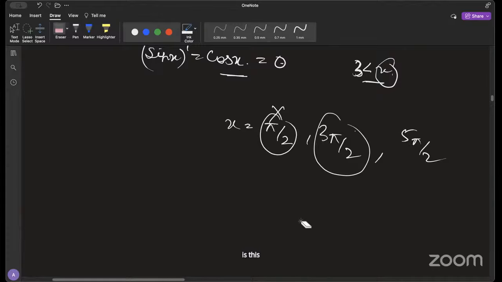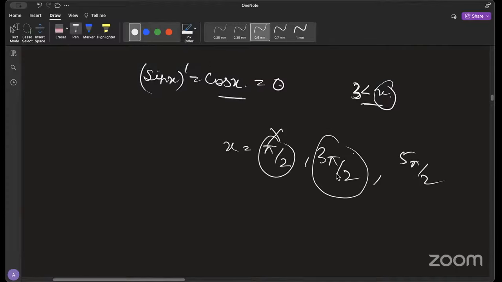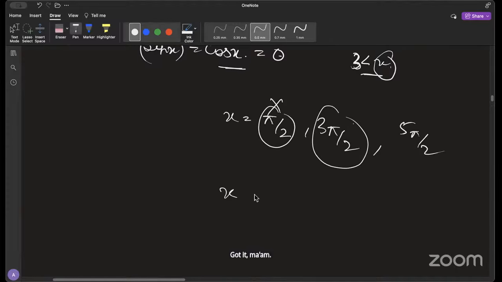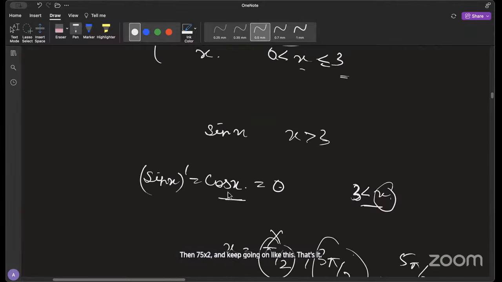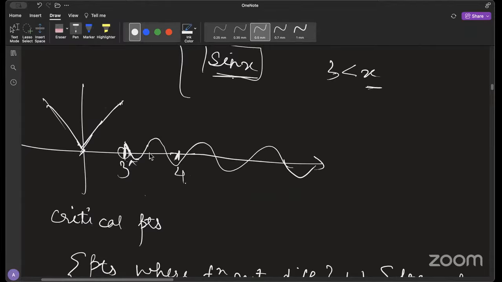Is this okay to everyone? Yes, ma'am. Got it, ma'am. You can only take x equals 3 pi by 2, then 5 pi by 2, then 7 pi by 2, and keep going on like this. That's it. Which is going to give you these points as critical points. So graphically, your critical points are these.